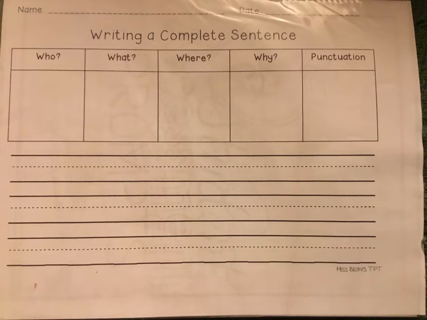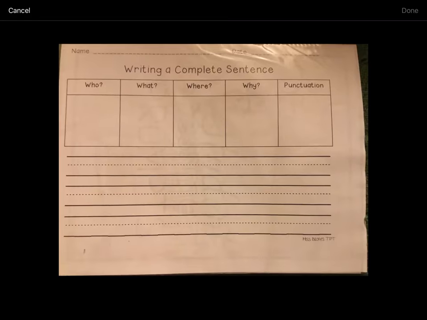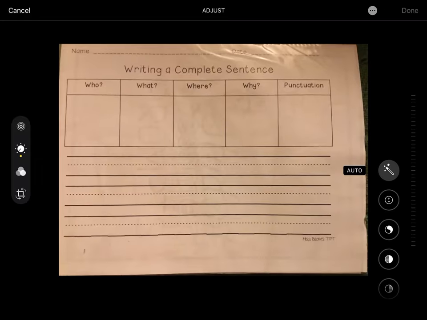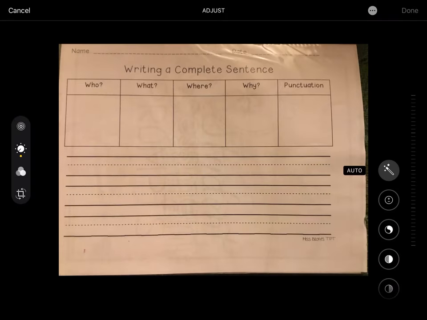So today I am going to write about cleaning my basement this weekend. So first I need to go in and be able to edit. So I can get my writing tools here and mark up. Okay.